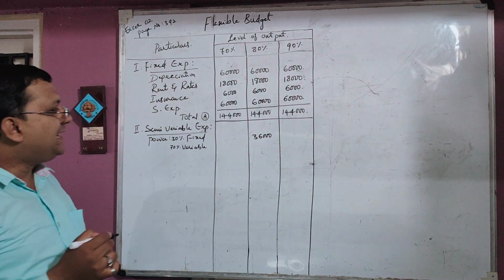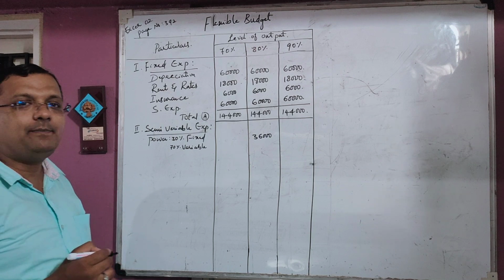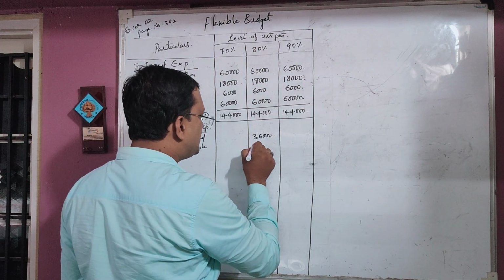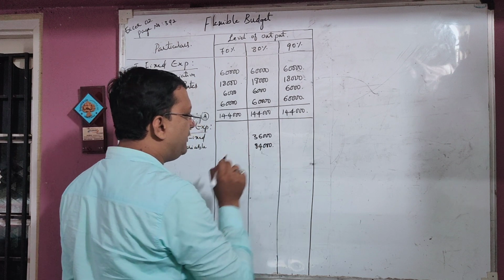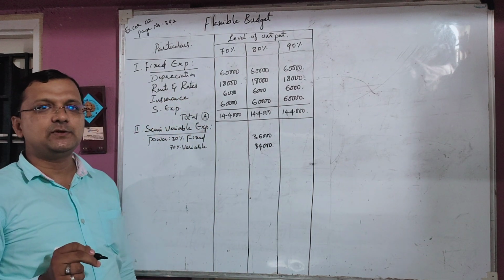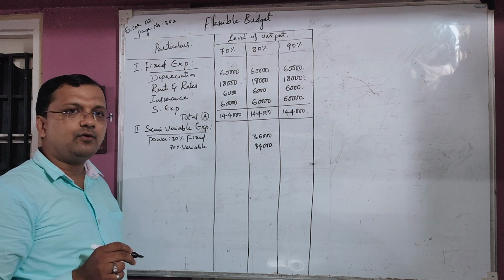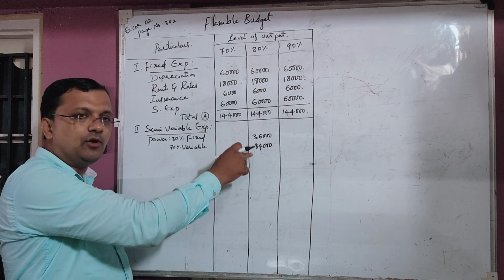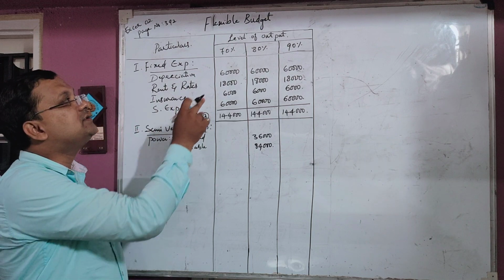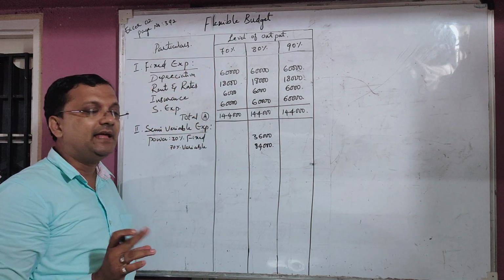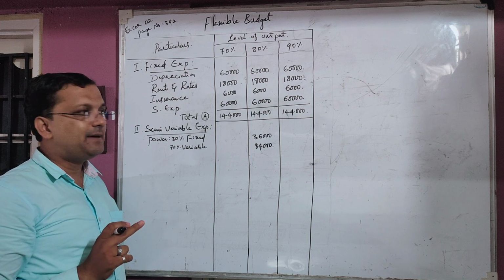Then again 1,20,000 into 70%, it comes to 84,000. Both together are 1,20,000. This 1,20,000 is not for 70% and not for 90%. It is for 80% capacity.